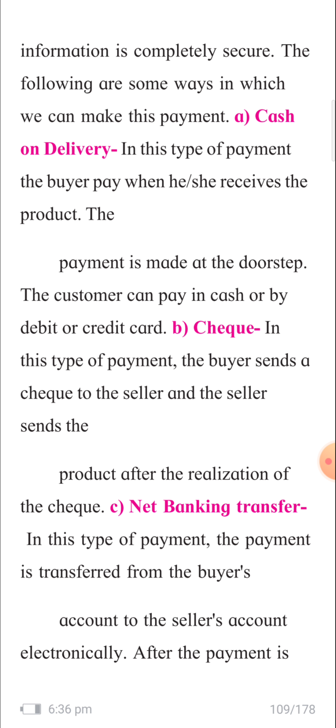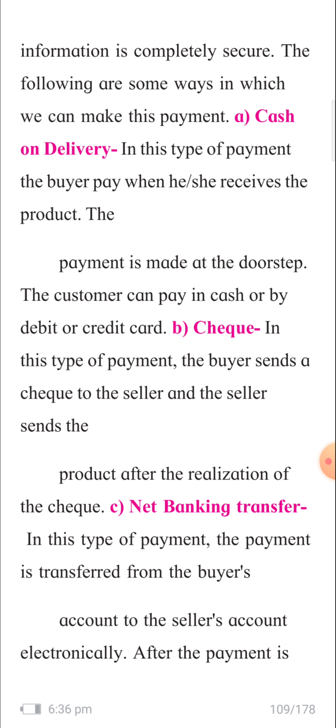Now the next option for the payment is net banking transfer. This net banking transfer facility will be given by the bank. One app will be given by every individual bank, and through the app we can easily transfer our money from our bank account to another bank account.